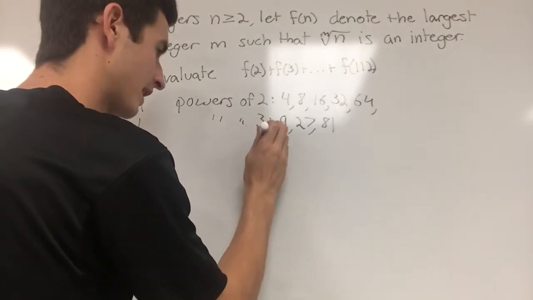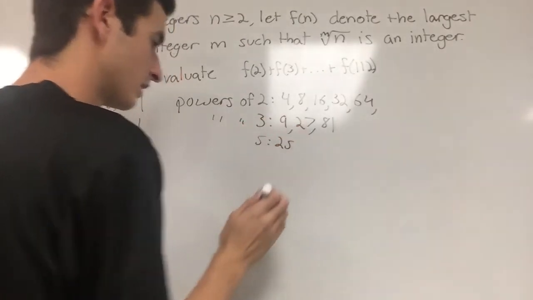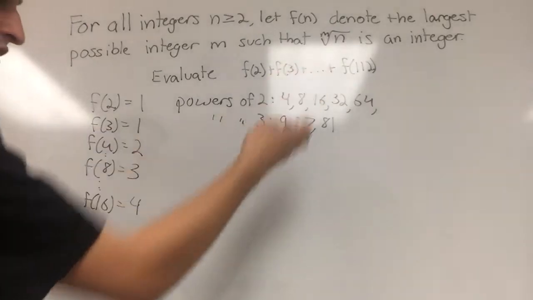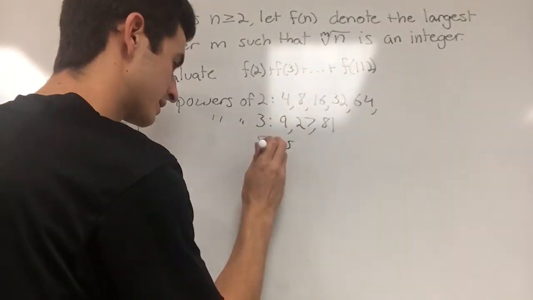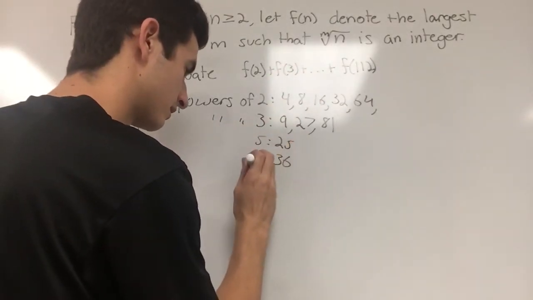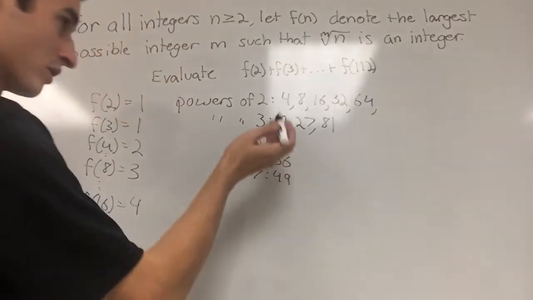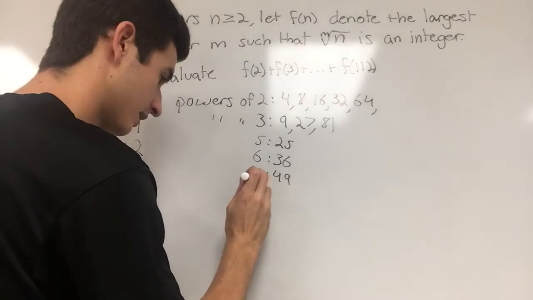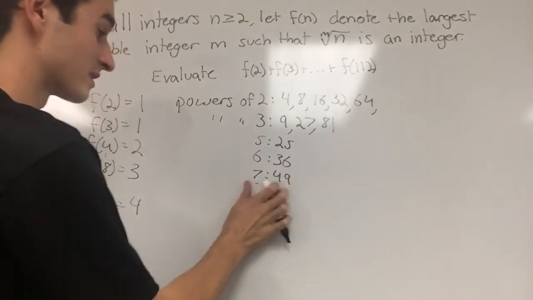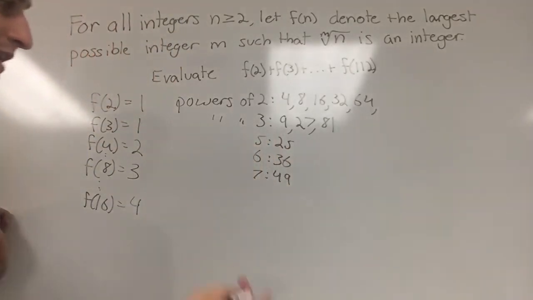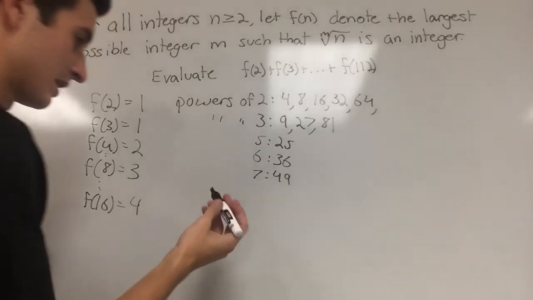So we can look at 5. The next power of 5 is bigger than 112, so next is 6, 7. 8 is a power of 2, so we don't need to worry about that. 9 is a power of 3, so any power of 9 is a power of 3.